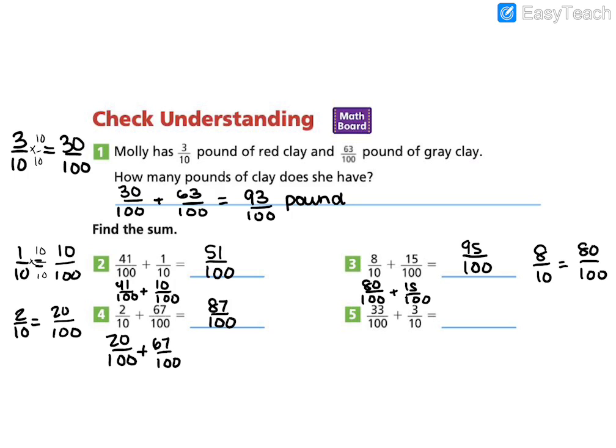And finally, we have 33/100 plus 3/10. 3/10 is equal to 30/100. So if we have 33/100 plus 30/100, we will get a total of 63/100.